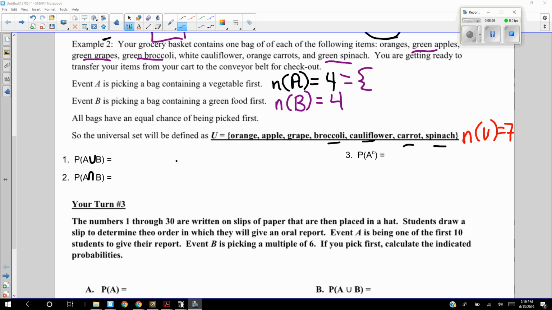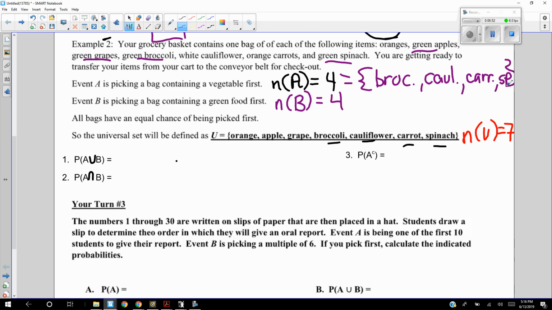So what we might want to do is write out what are those 4 elements in set A. So the vegetables in set A are going to be broccoli, cauliflower, carrot, and spinach.